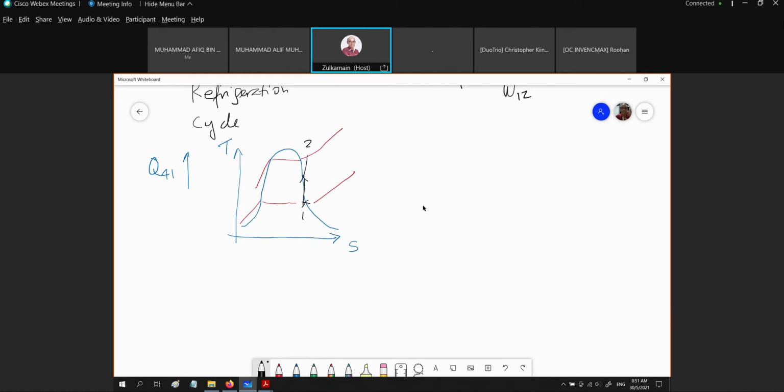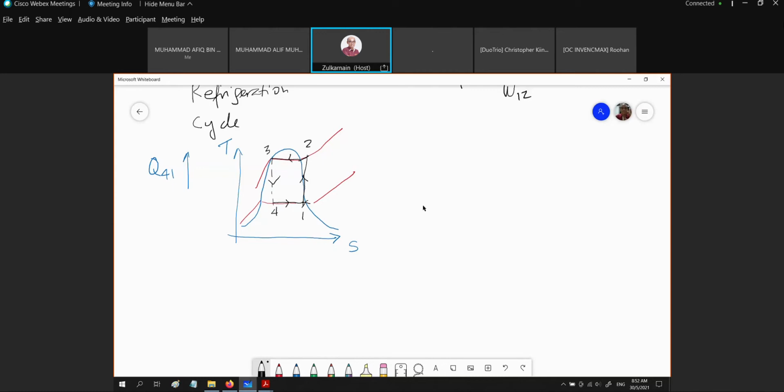And then we continue the condensation process at the condenser side, 2 to 3. We assume 3 is still the saturated liquid. Then we have the expansion process, the same as the previous process. So this is 3 to 4.